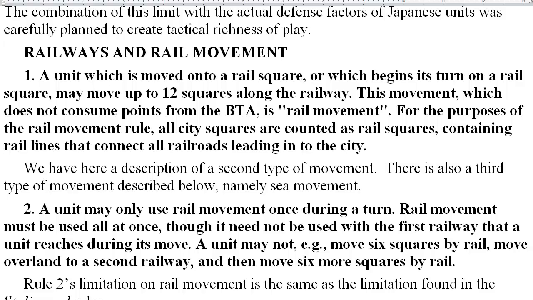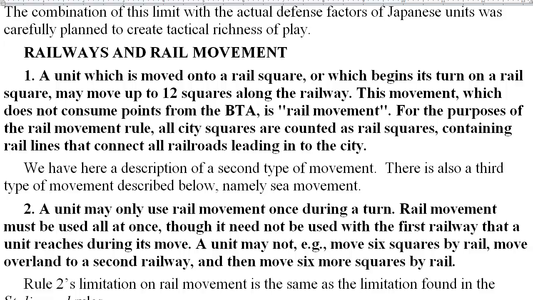The rail movement rule is basically very similar to the Stalingrad rail movement rule. You have railroads which are marked on the board. You have cities which function as rail squares connecting all of the railroads that lead into them. If you start on a railroad or city square, or if you move onto one, you are then allowed to take rail movement. Rail movement does not cost movement points.